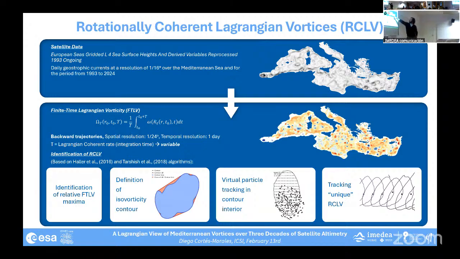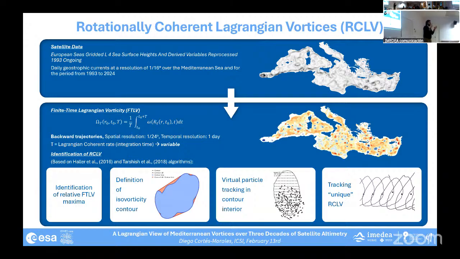You can imagine that these structures have their own maximum, like a peak, like mountains and valleys of vorticity. So we identify the maximum and minimum points, and we draw an isovorticity contour surrounding these maxima.